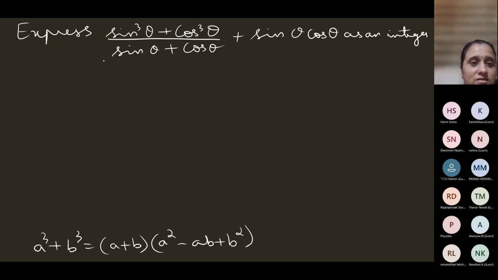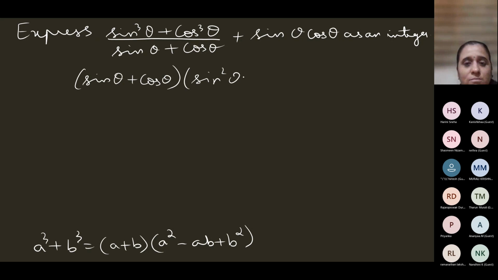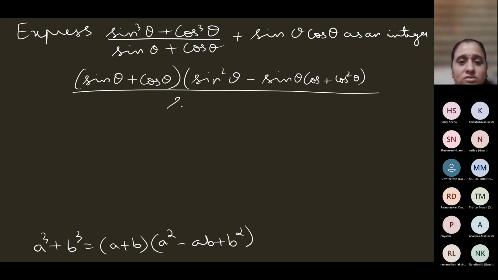So use this identity here. This will be sin theta plus cos theta into sin square theta minus sin theta cos theta plus cos square theta, divided by sin theta plus cos theta, plus sin theta cos theta.